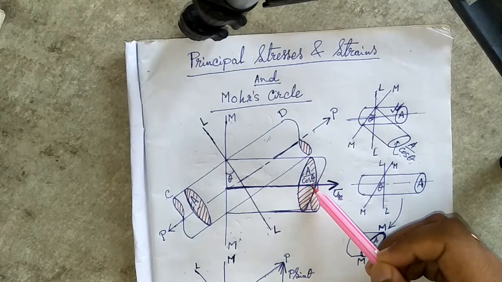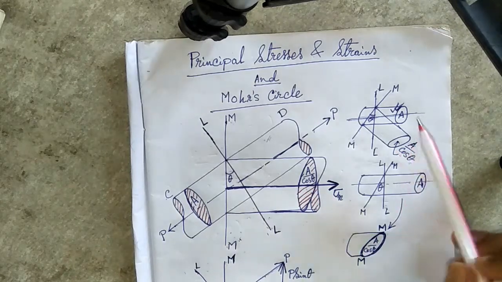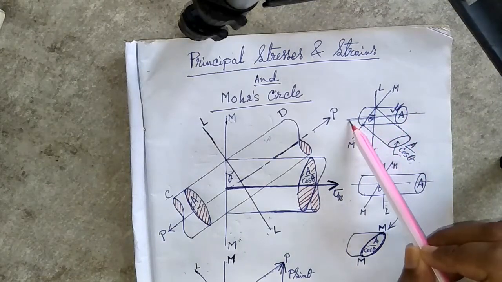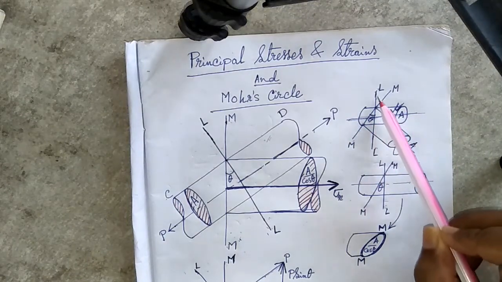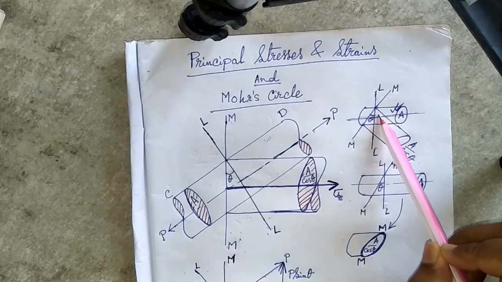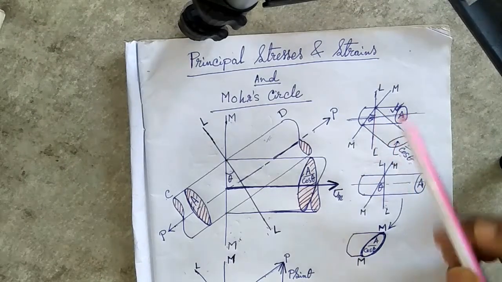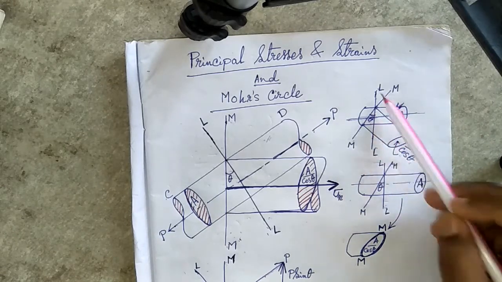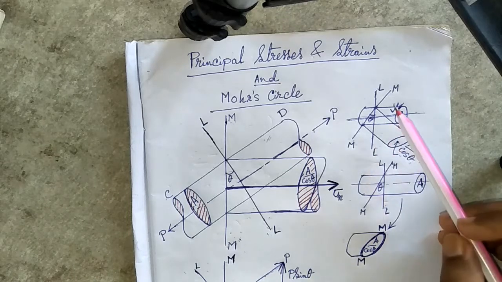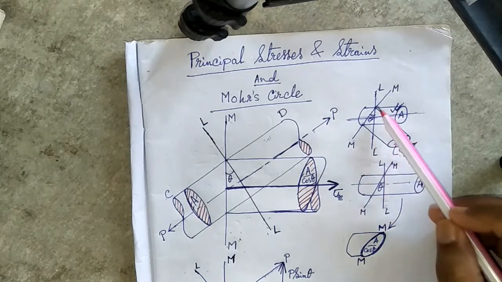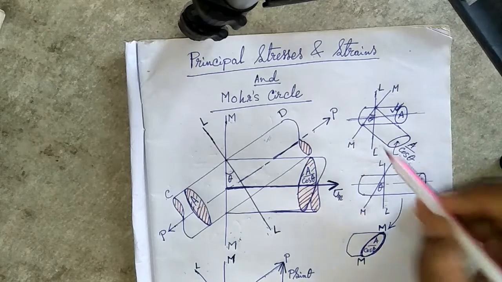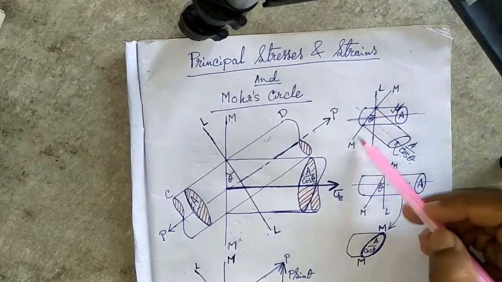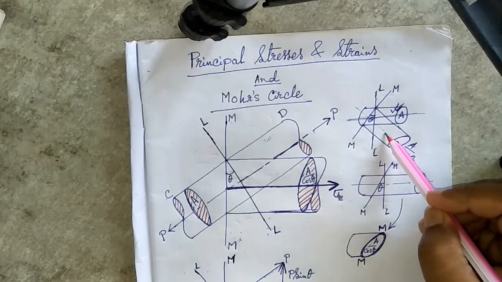Again I am explaining. Suppose this is the actual shaft, and this is its axis. LL is perpendicular to this axis, at 90 degrees, and MM is inclined at an angle theta with LL. Now if we imagine another shaft along MM, this is the axis of the imaginary shaft, and MM is perpendicular to it.